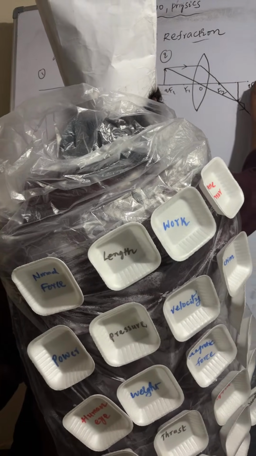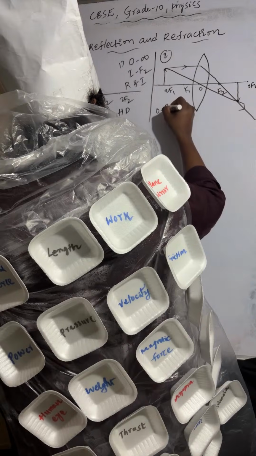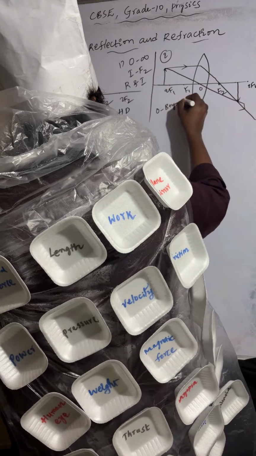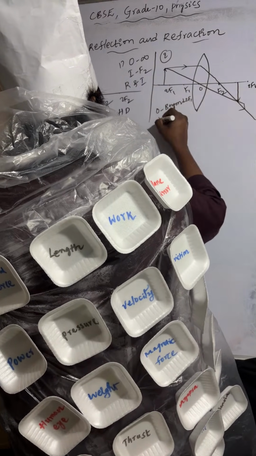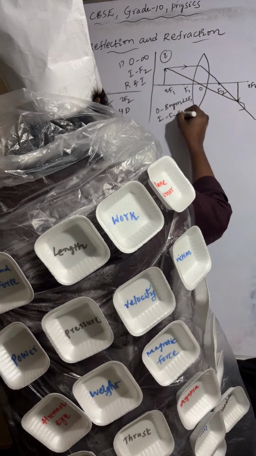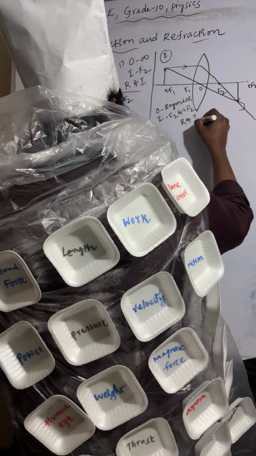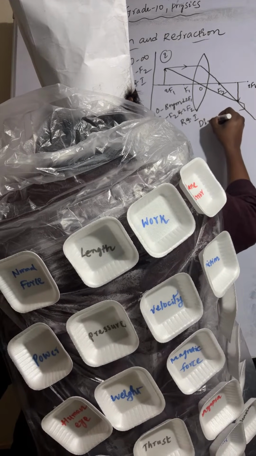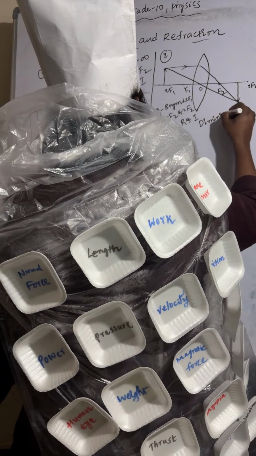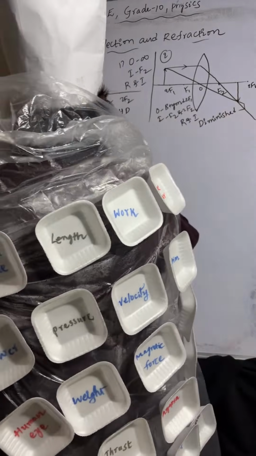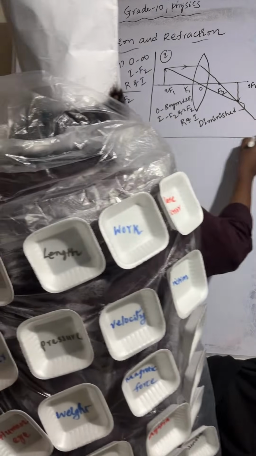Object is placed beyond 2F1. Beyond 2F1, image will form between F2 and 2F2. Nature of the image is real and inverted. Size of the image is diminished. Understood? And coming to the next one.